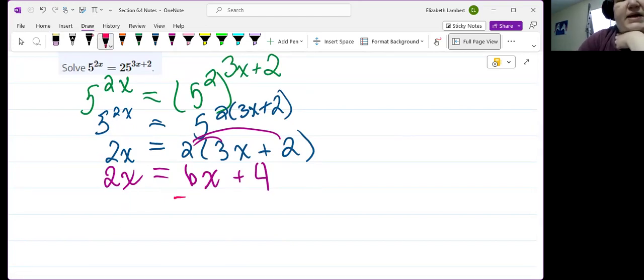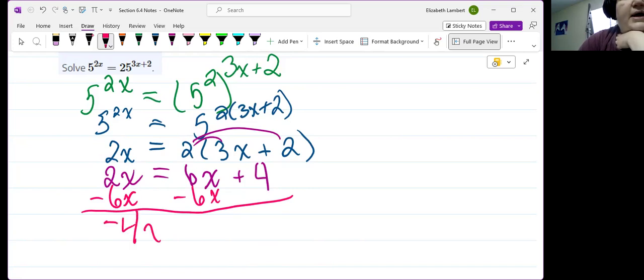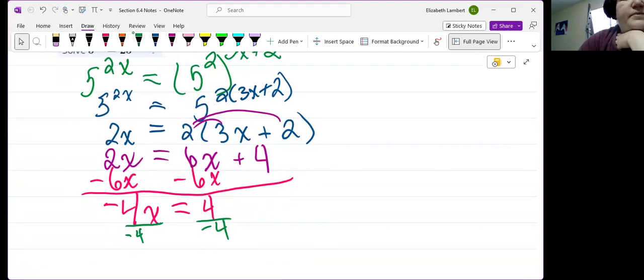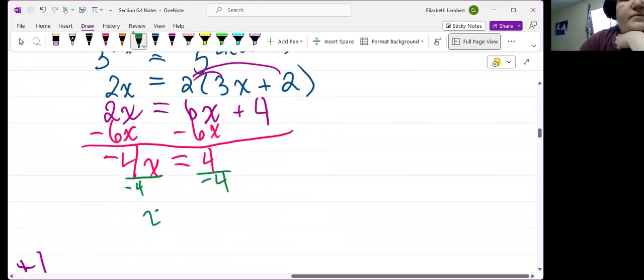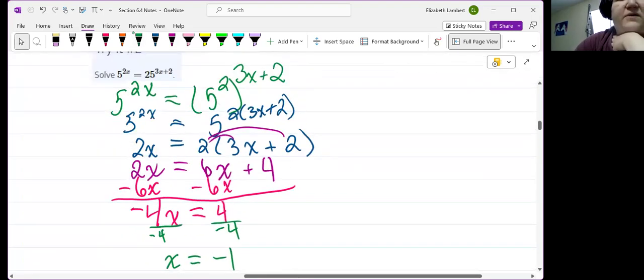Let's actually just minus the 6x. Be a little less work. So now we have negative 4x. The only thing left on the right is 4. So final step is dividing by negative 4. And we get the solution that x is negative 1.